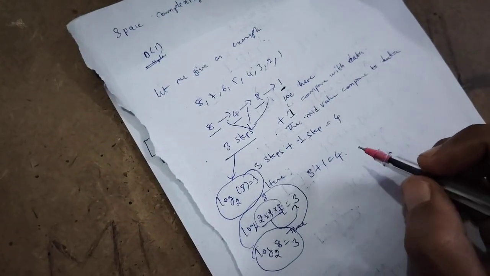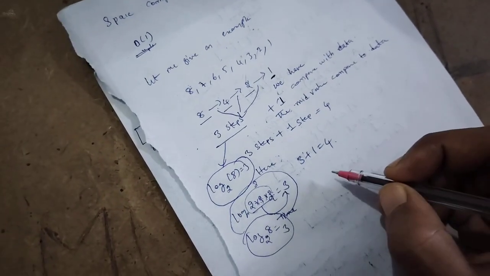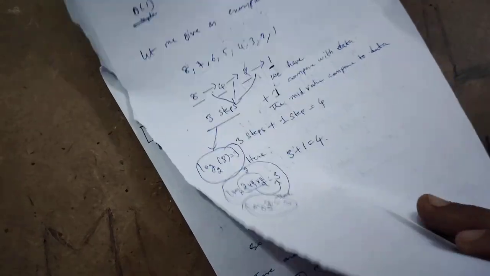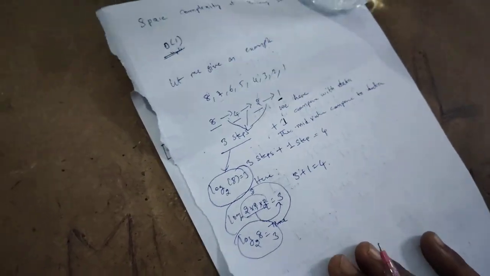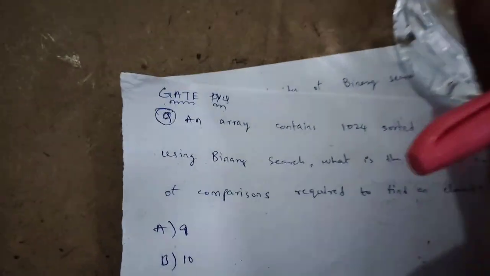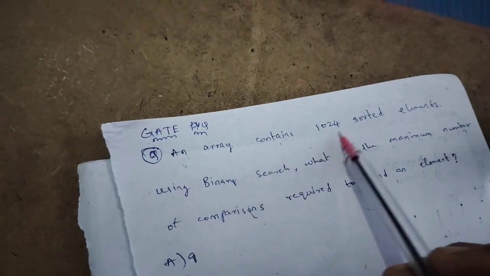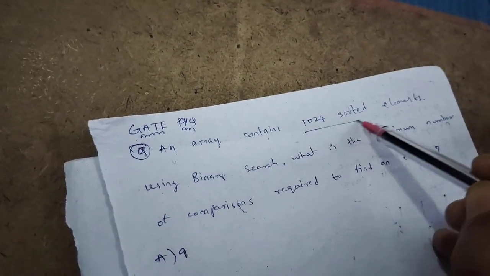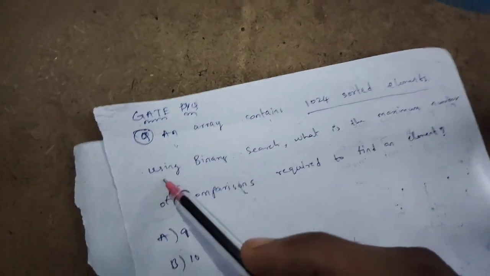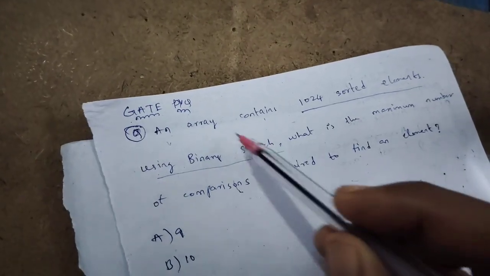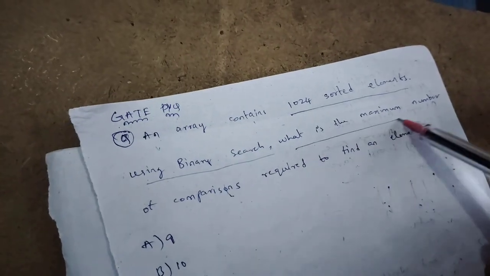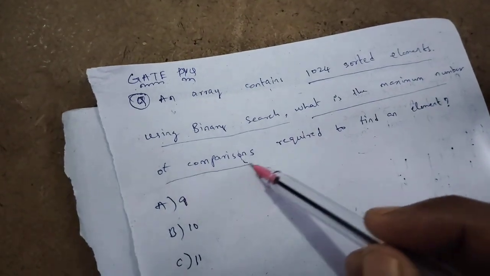This is how you solve it in exams. Let me explain. An array contains 1024 elements. Using binary search, what is the maximum number of comparisons required to find an element?